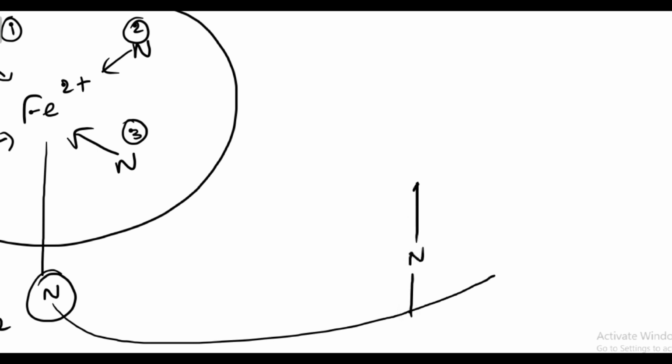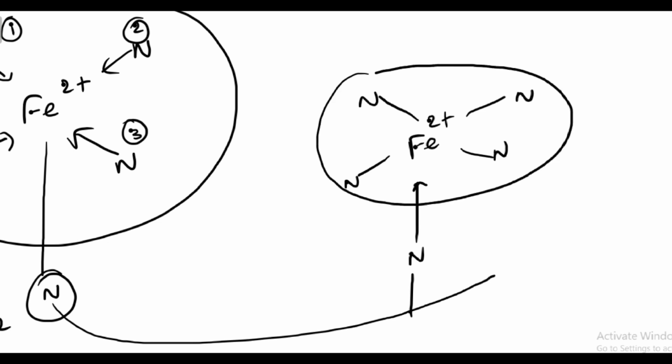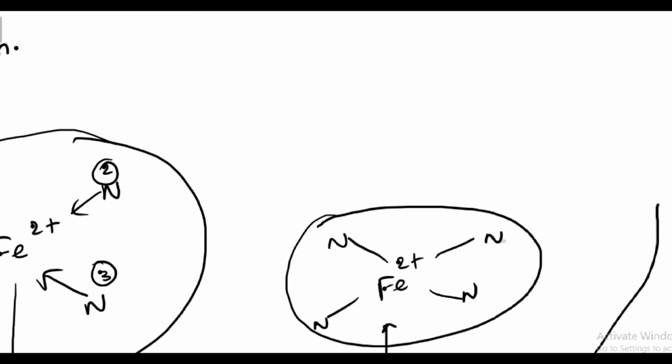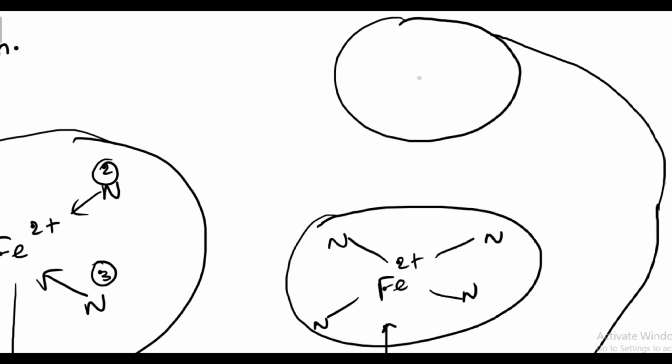This histidine will again be coordinated with one more heme group, and the nitrogen from another histidine of the protein chain will make one more coordination bond with another heme group.